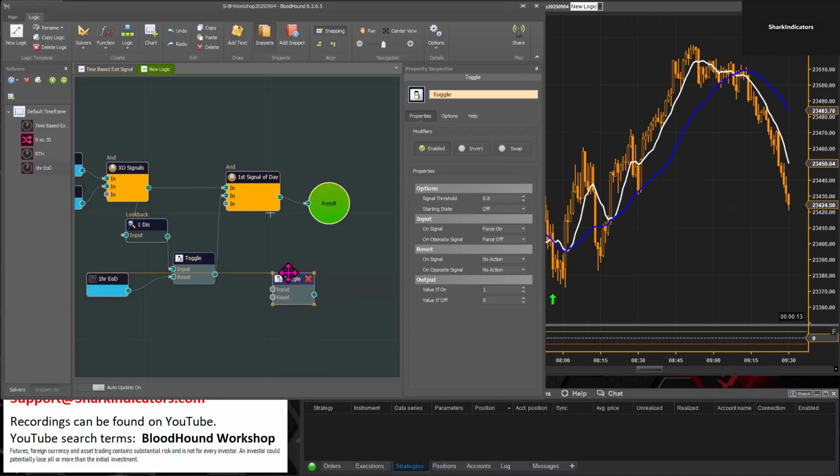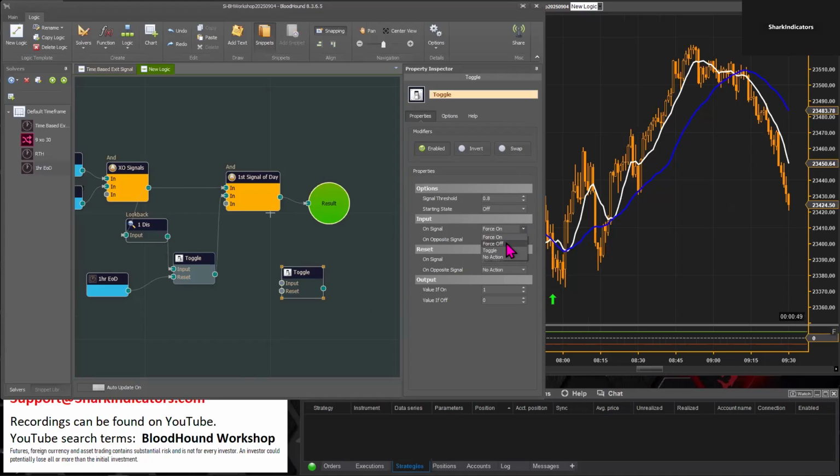Let's take a look at the default settings, which is when a signal comes in, it's defaulted to turn on. And then when an opposite signal comes in, it turns off, as originally shown.